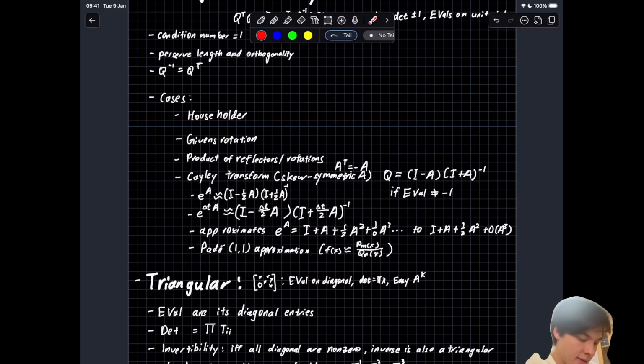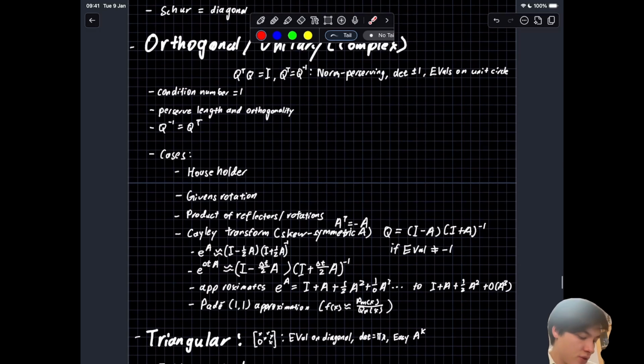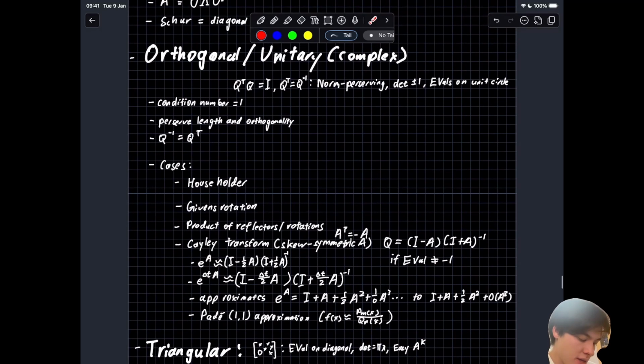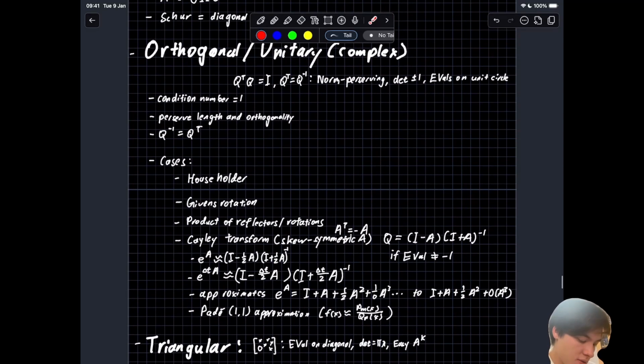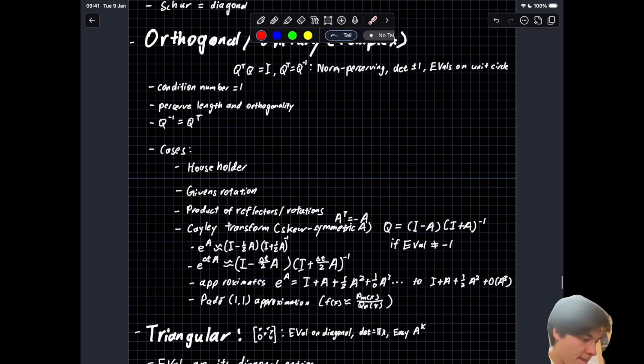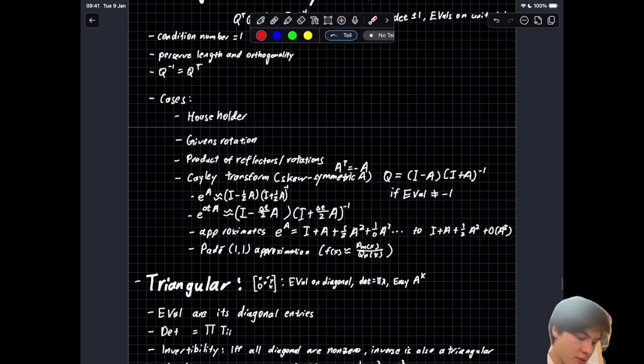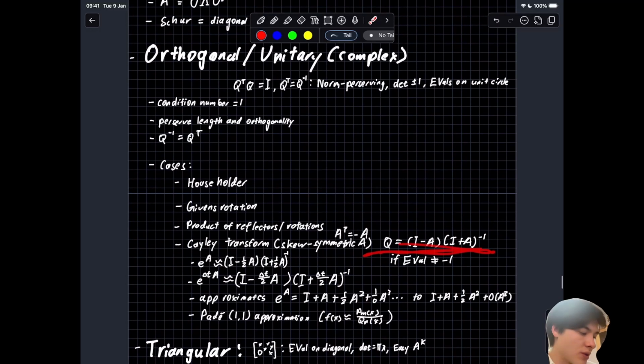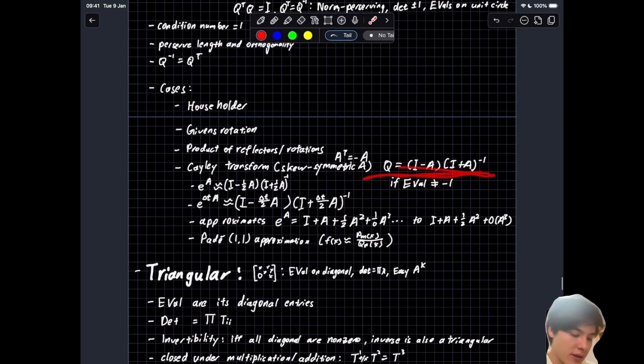And then, what was here? Cayley transforms. If it's skew-symmetric A, then we can do this and we would get an orthogonal matrix, I think.